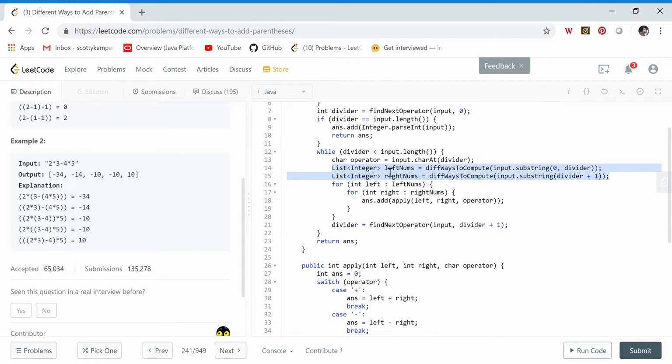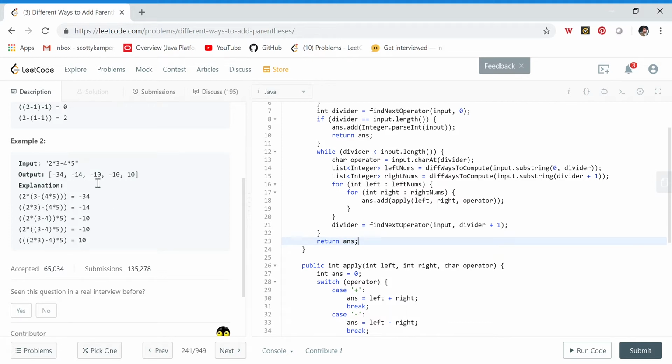When this is over, we'll have recursively solved the left and the right substrings, and those will be stored in these lists of integers. Then all we have to do from there is go through each of those numbers, apply the operator that divides the two strings to each pair, and add each result to our list. And then we just find the next operator. Once we can't find another operator, we're done and we return the answer.